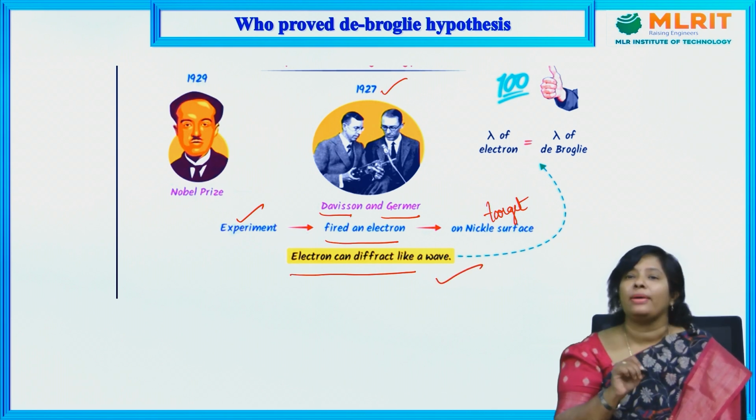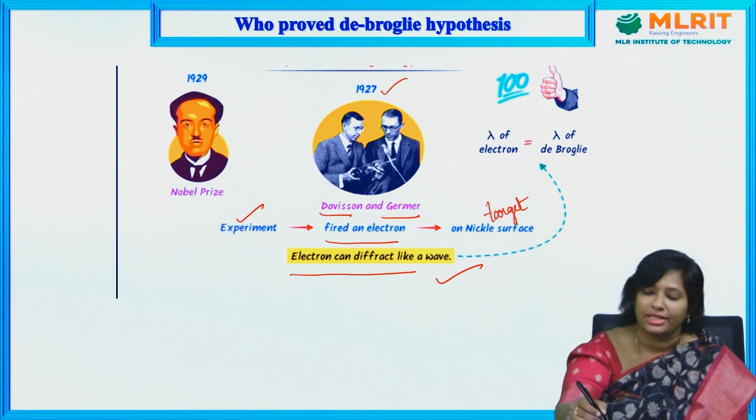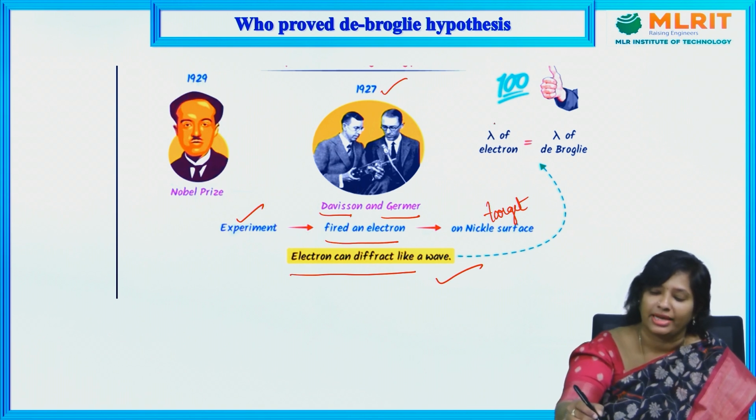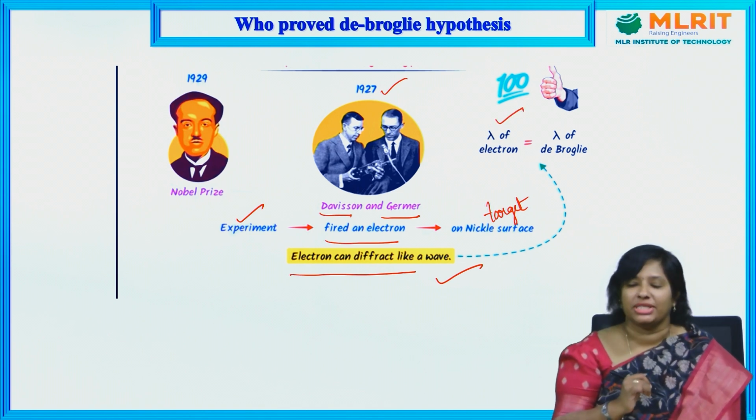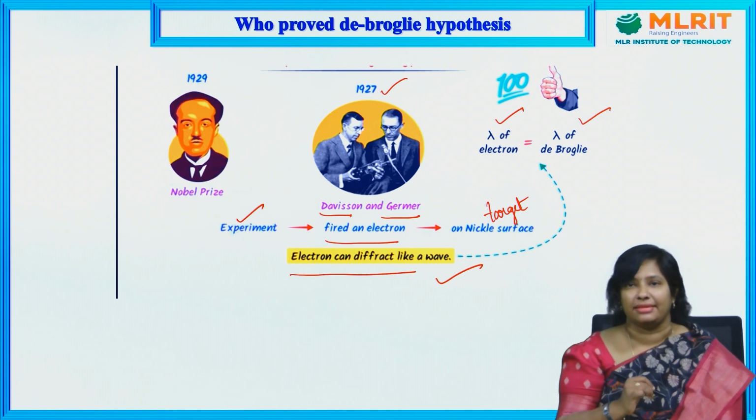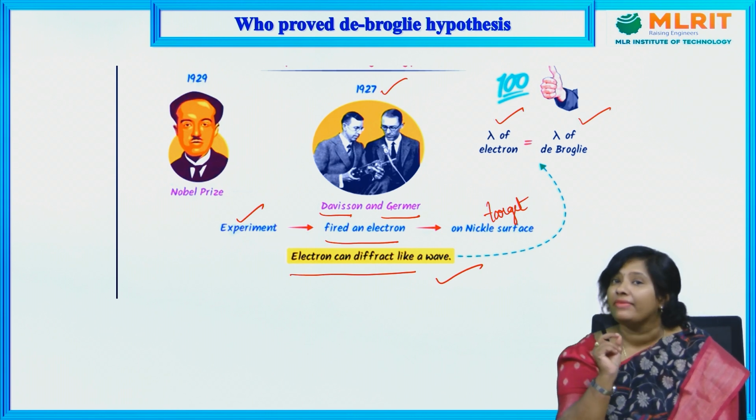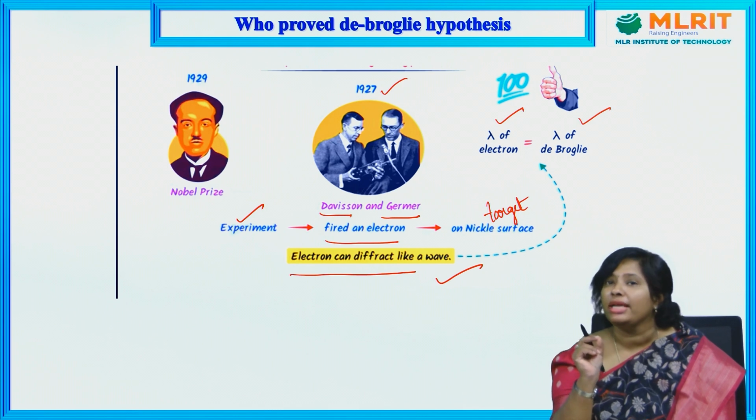They also observed that the wavelength of the electron exactly matches the de Broglie wavelength.